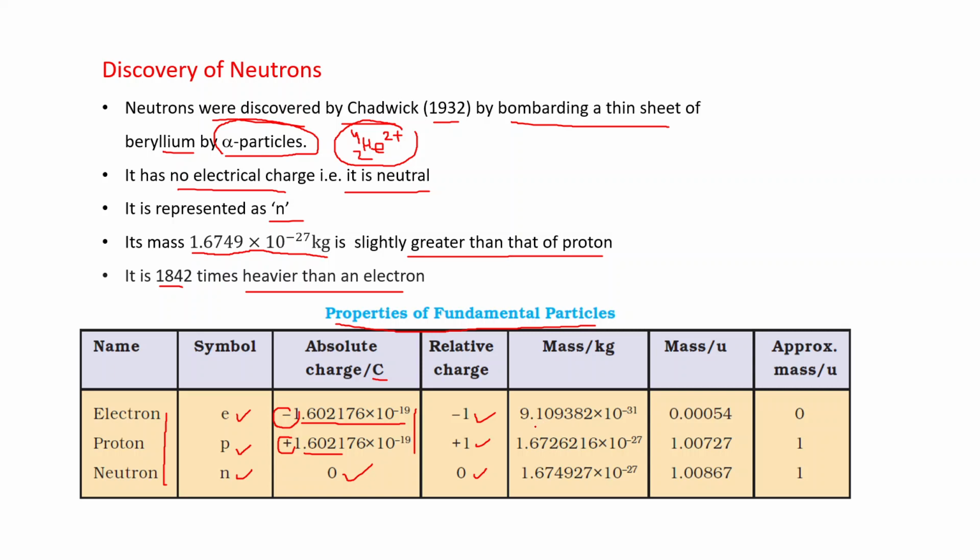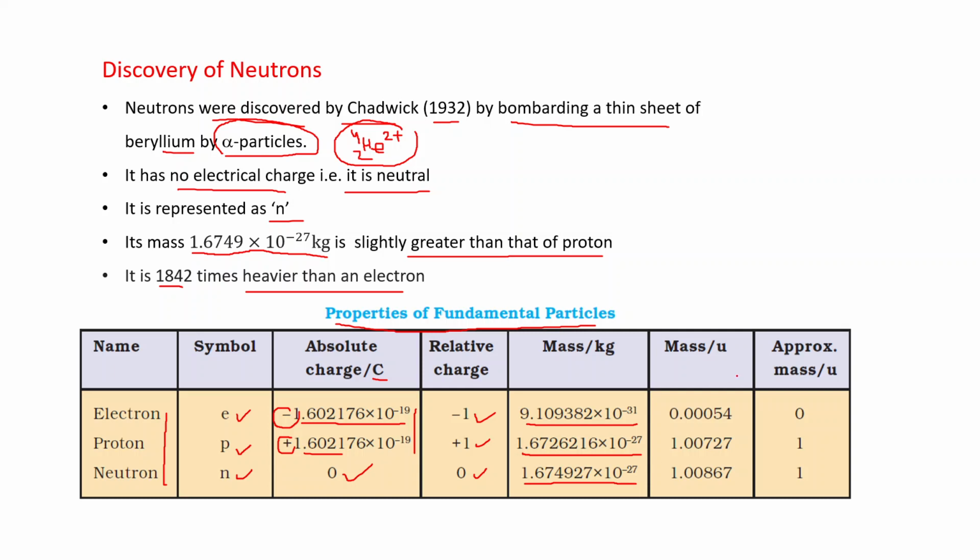Mass, this is the absolute mass for electron, 9.109382 into 10 to the power minus 31 kilogram. For proton, 1.6726216 into 10 to the power minus 27 kilogram. For neutron, this is 1.674927 into 10 to the power minus 27 kilogram.